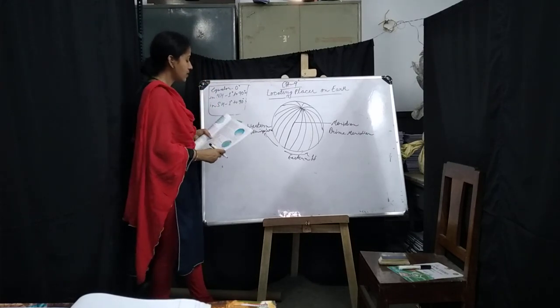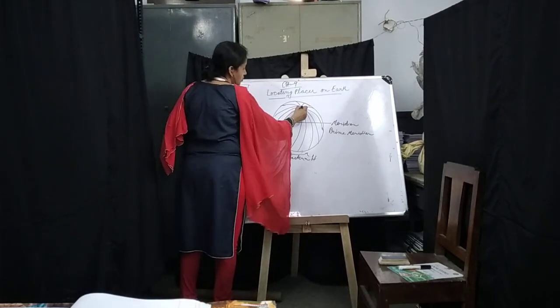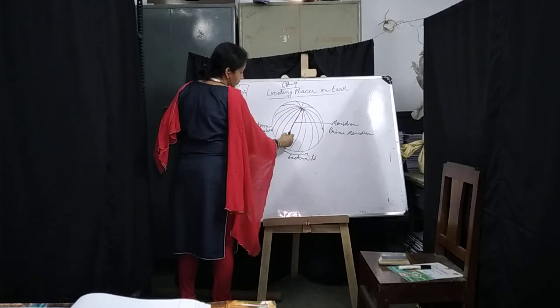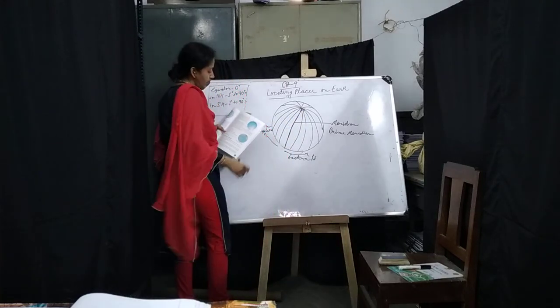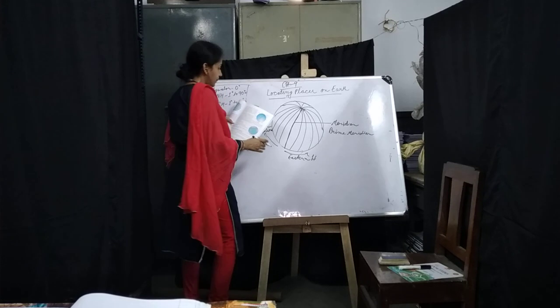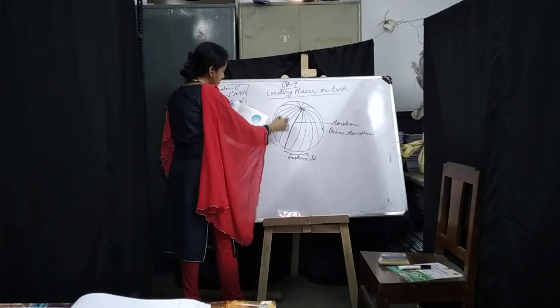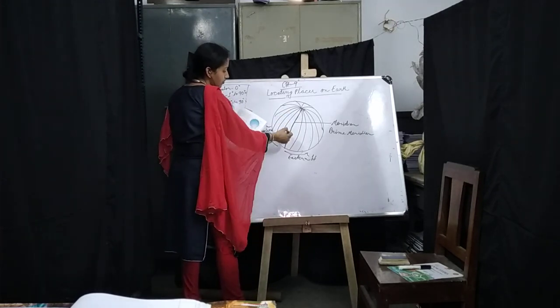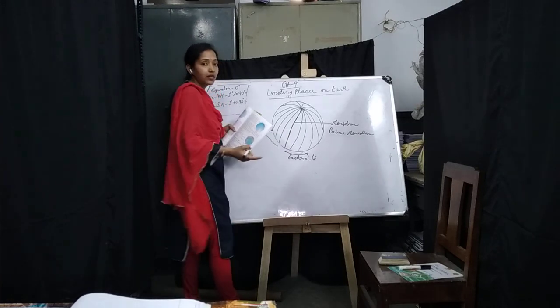Okay. This meridian runs from north to south. Now the meridian runs through the observatory at Greenwich in London in the UK.